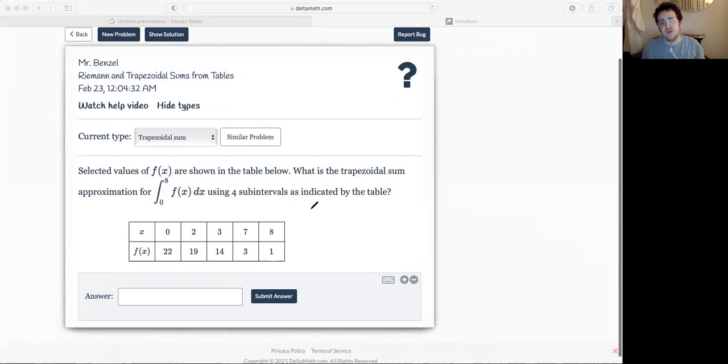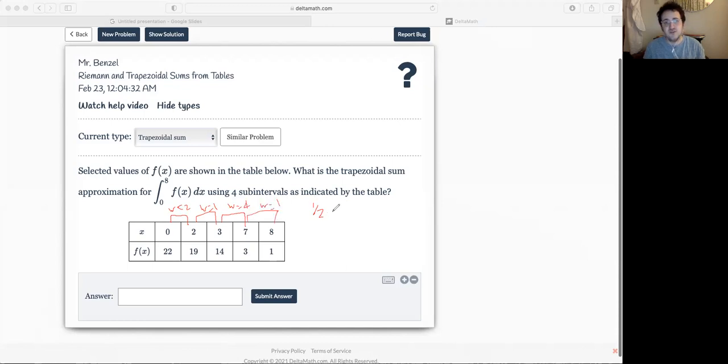Some people just write it out from the side. But I really like to do one trapezoid at a time. So I still take my widths. So let's see, this W is 2. I got W equals 1. W equals 4. W equals 1.